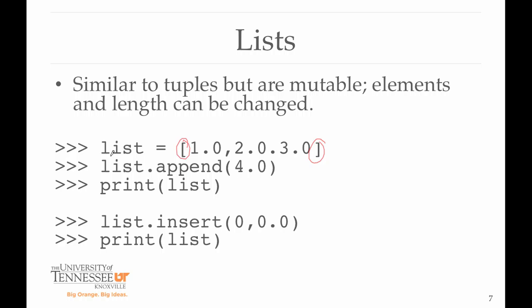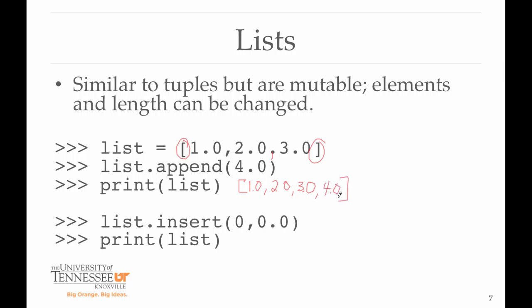So you would say list dot append, and then give it whatever you want to append, and when you printed that list, it's what you would expect. You would have a 1.0 followed by a 2.0 followed by a 3.0. That should have been a comma there. I'll correct that. And then you would have a 4.0 here.